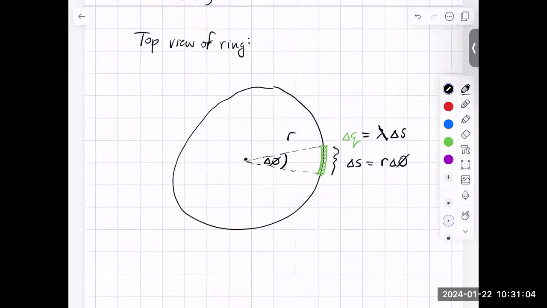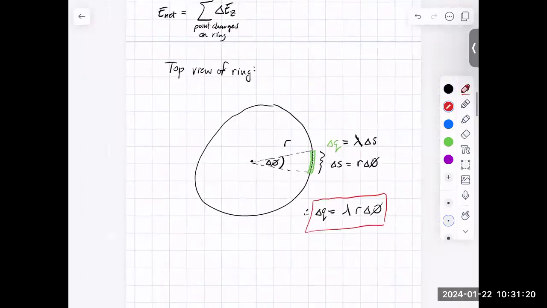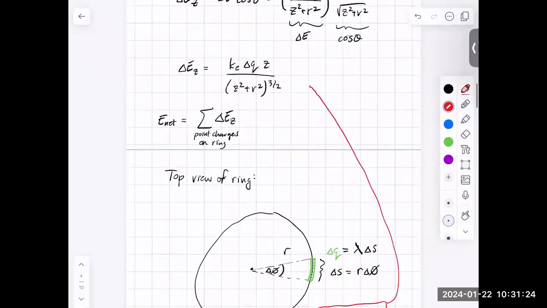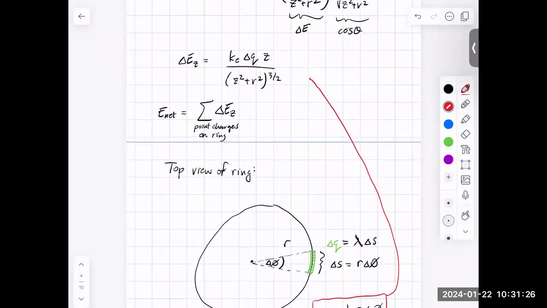Okay, so therefore, delta Q is lambda delta S, but the arc length is r delta phi. And so we're going to take this delta Q expression and we're going to sub it in over here.